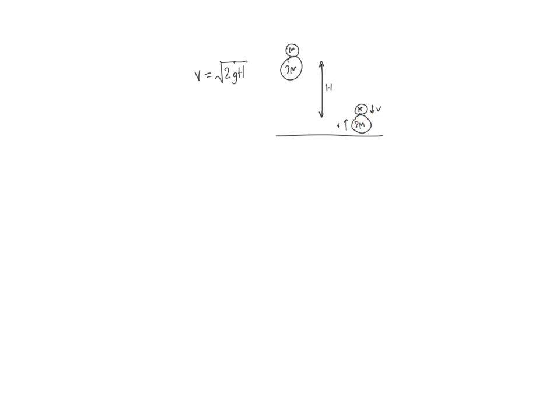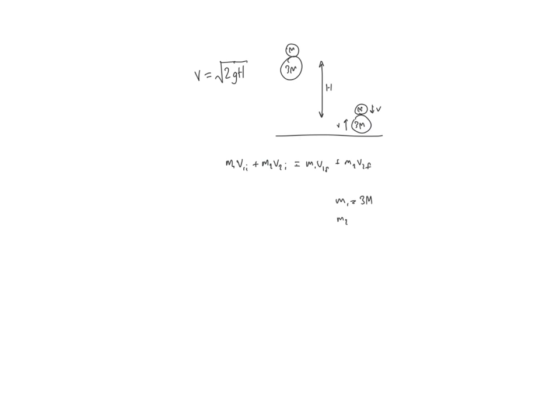Because it's a collision, we're going to set up conservation of momentum: m1 v1 initial plus m2 v2 initial equals m1 v1 final plus m2 v2 final. The m1s represent the large sphere, so everywhere we have an m1, I'm going to replace that with 3m.